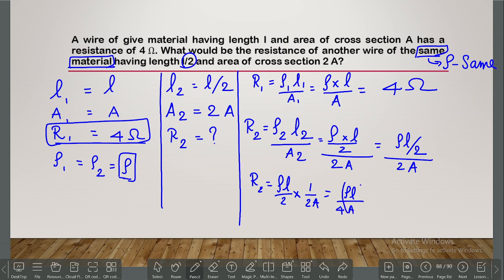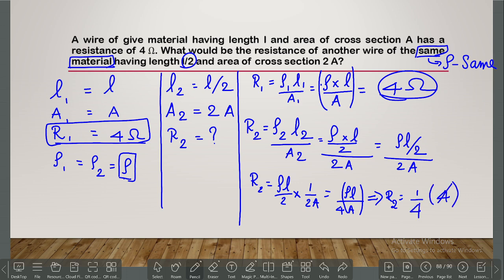Look at this value: rho L by A is nothing but R1, which is 4 ohm. That means instead of rho L by A, we can substitute 4 over there. Therefore R2 will be equal to 1 by 4 times 4.